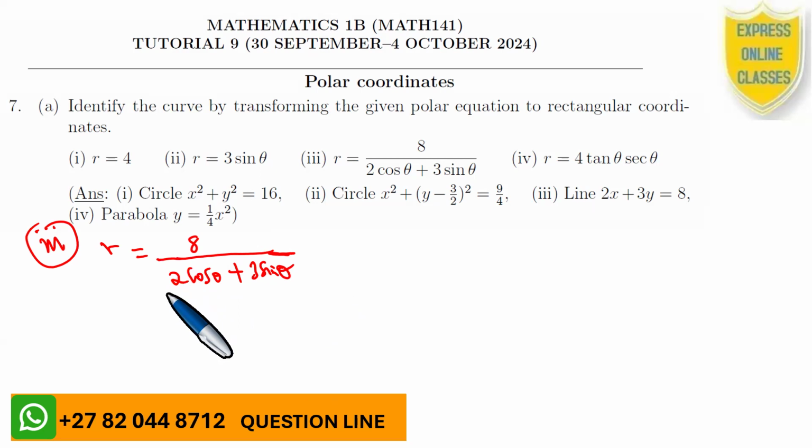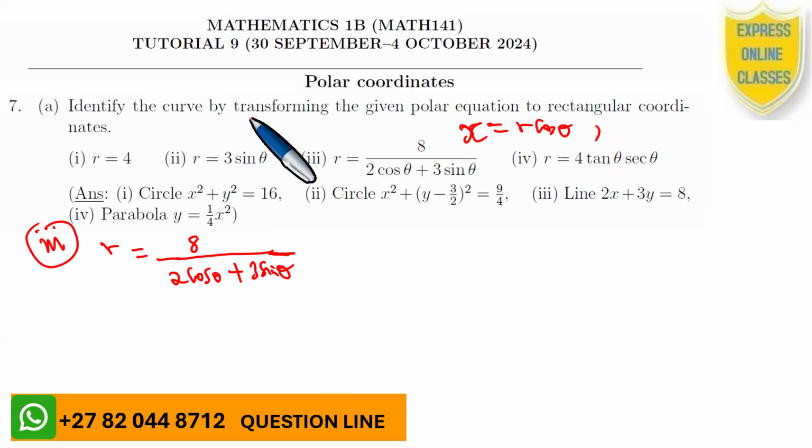Then what exactly do we have here? The couple of equations we use, so we're going to put everything in this, but we also know that x is r cosine theta.